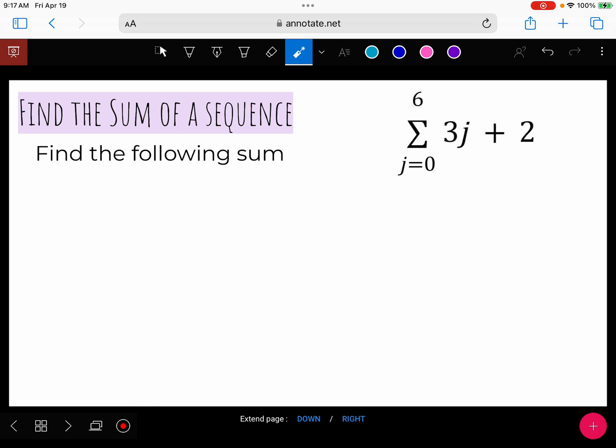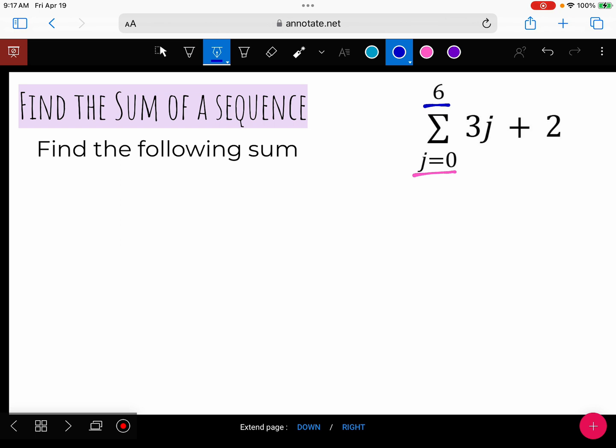So how many terms are we going to have? 7, because we're starting at 0 and stopping at 6. So 0 counts as well. So we're going to have 7 total terms.